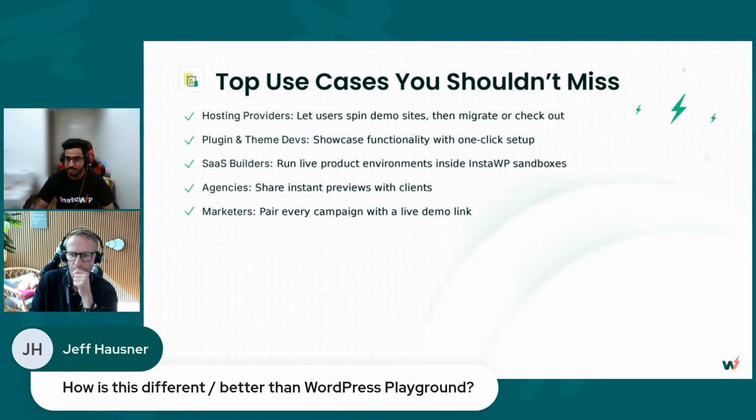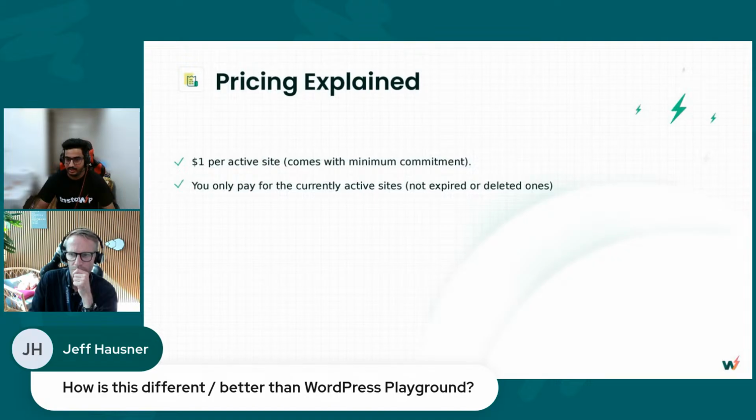And now talking about the costing, let's move to the next slide. So the costing is simple. It is $1 per active site, but it comes with a minimum commitment, and you only pay for currently active sites, not the ones that have expired or deleted.